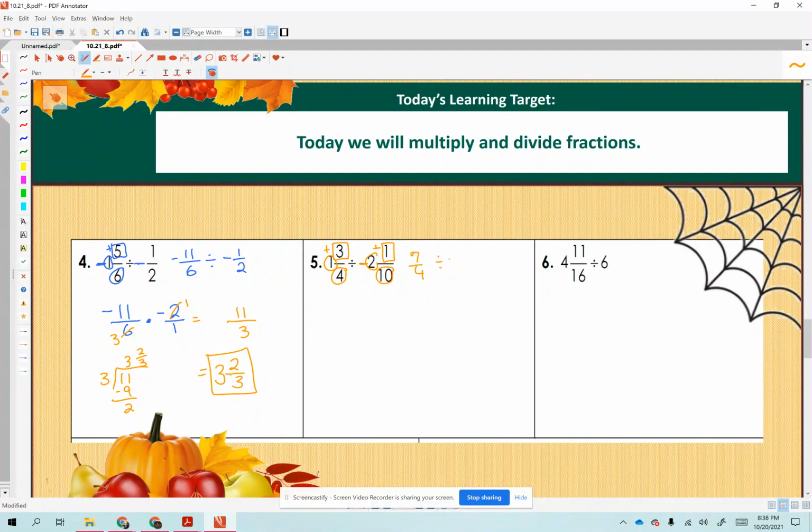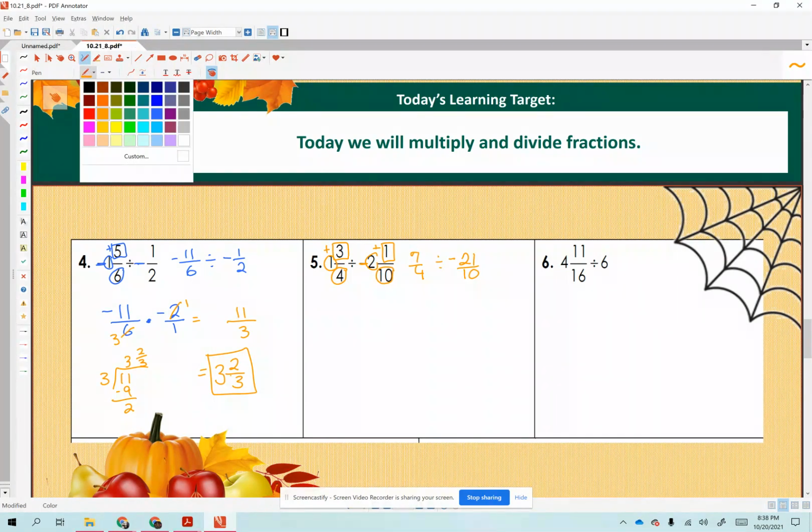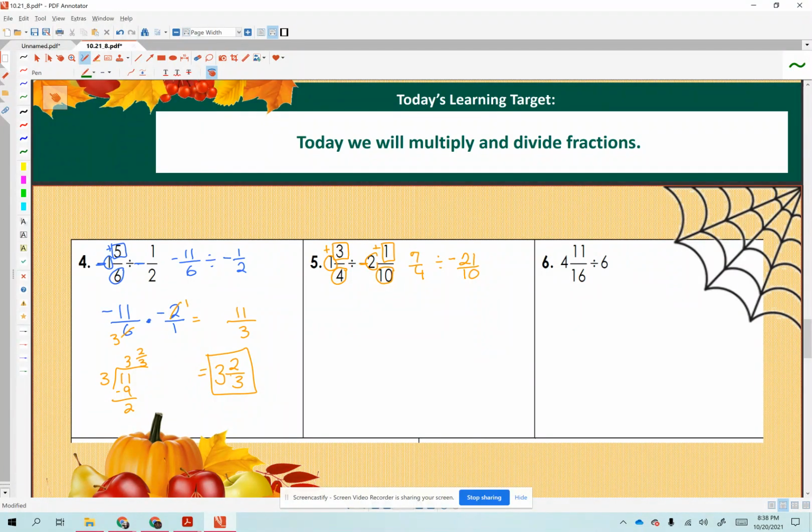So that would be a negative 21 over 10. So let's rewrite this as multiplication with the reciprocal in the second fraction. That would be 7 over 4 times 10 over negative 21.